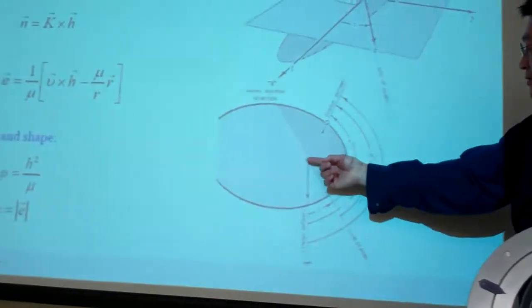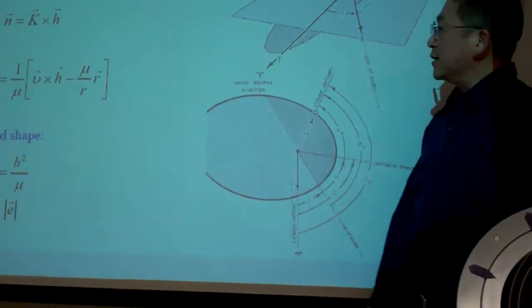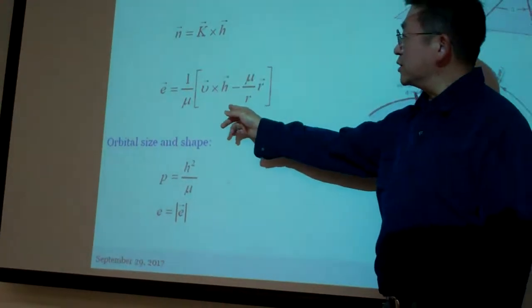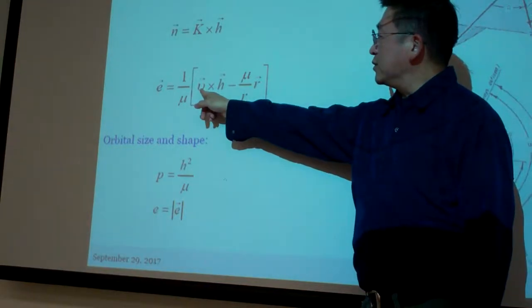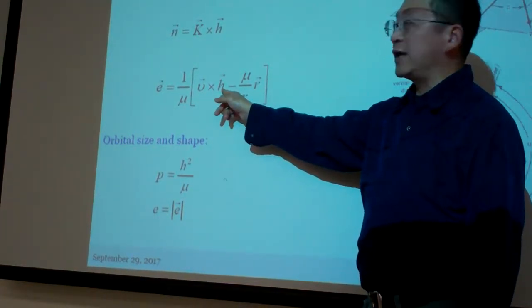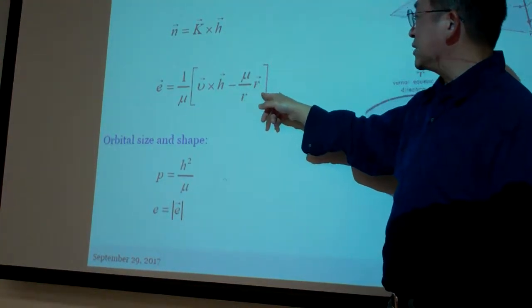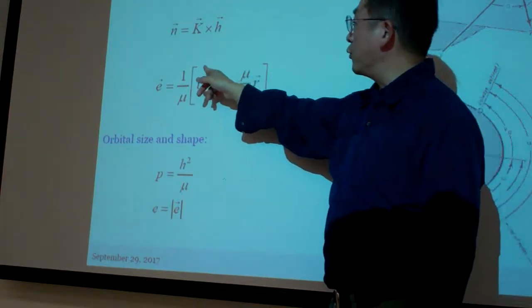And regarding the e-axis, the e-axis is this axis, okay, that's pointing to perigee. And this is the one equation we used in chapter 1. We simply take this, we have velocity, we already have the angular momentum calculated here. Then we simply plug in this calculation, this is the whole vector.